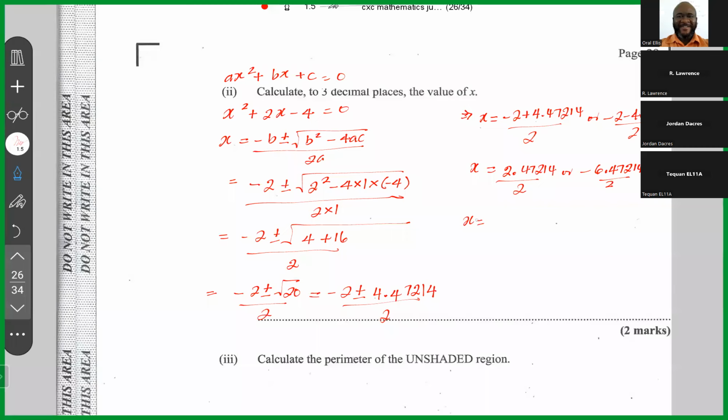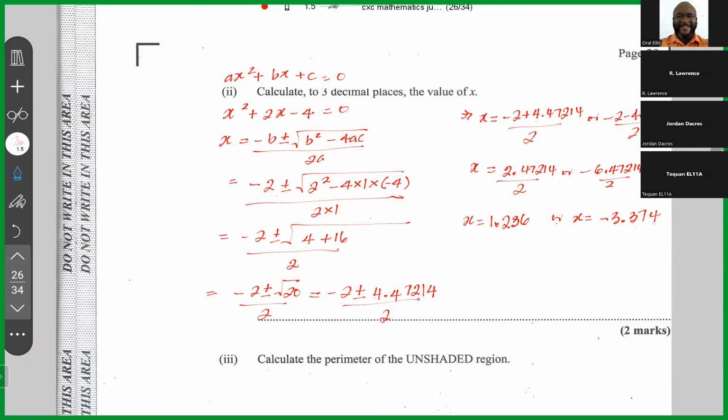To 3 decimal places, it's 1.236, or x is equal to, I think we can definitely reject the negative answer, minus 6.47214 divided by 2, minus 3.236 to 3 decimal places.